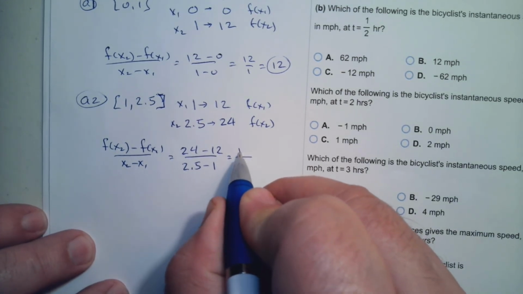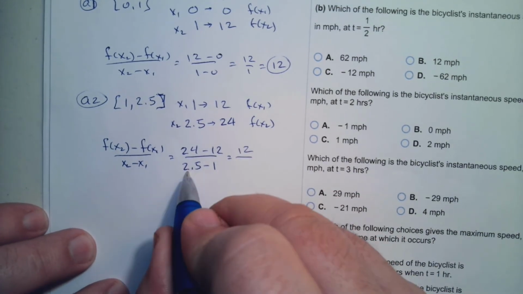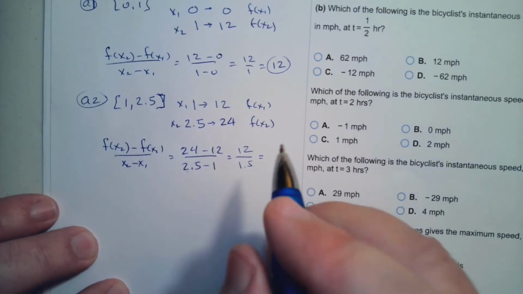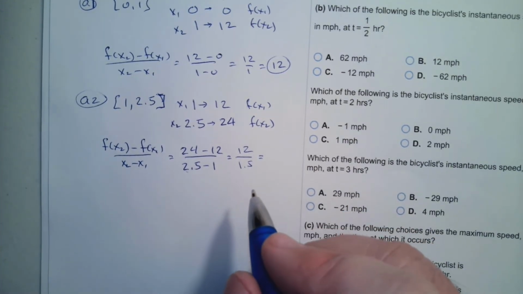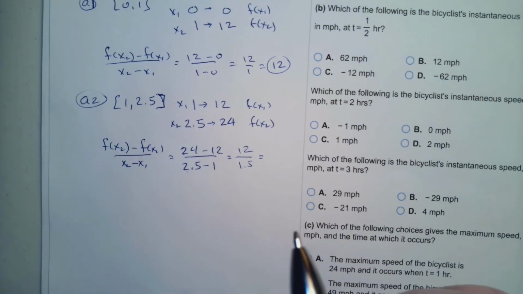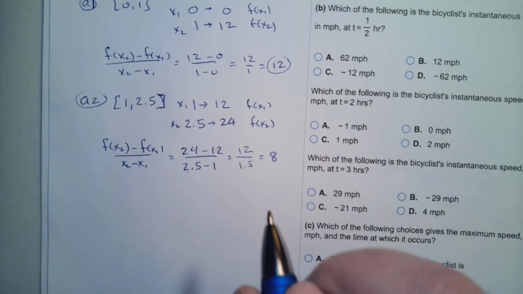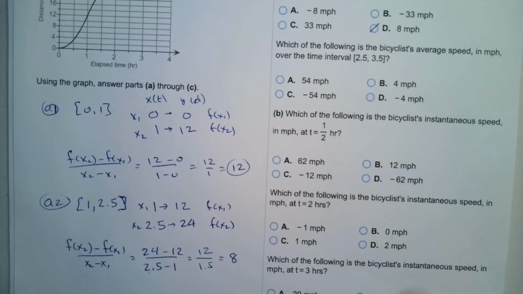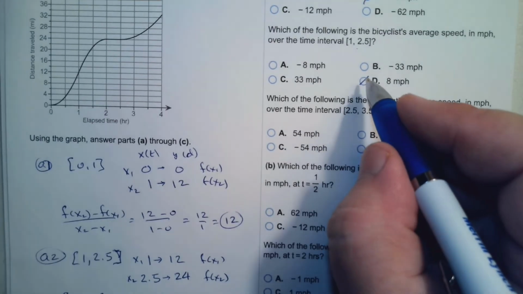So it's 12 over 1.5, which equals positive 8. So the answer is D, 8.